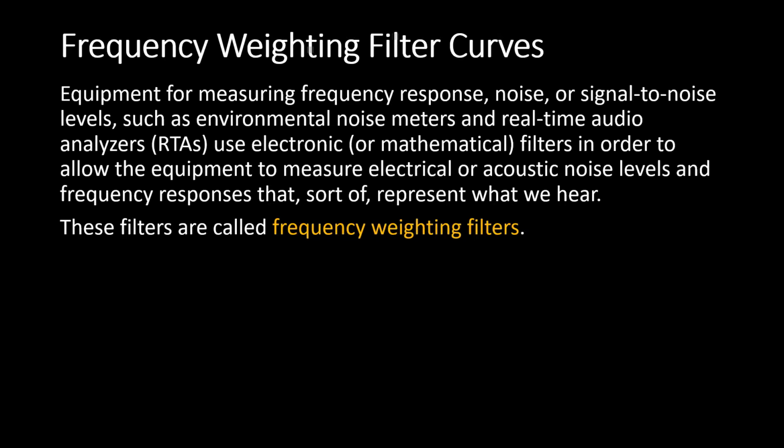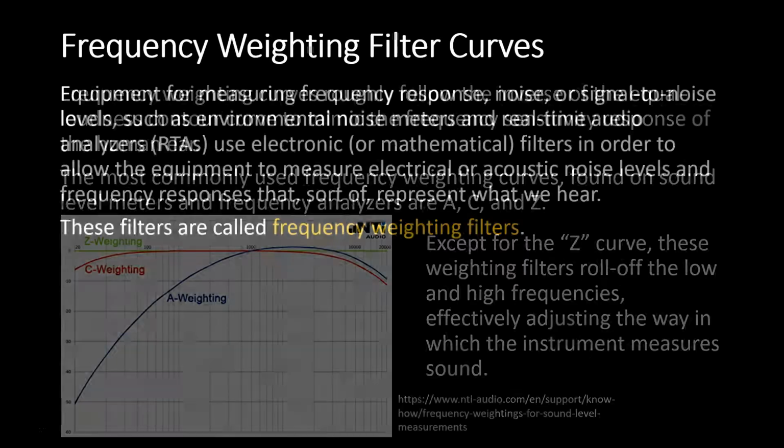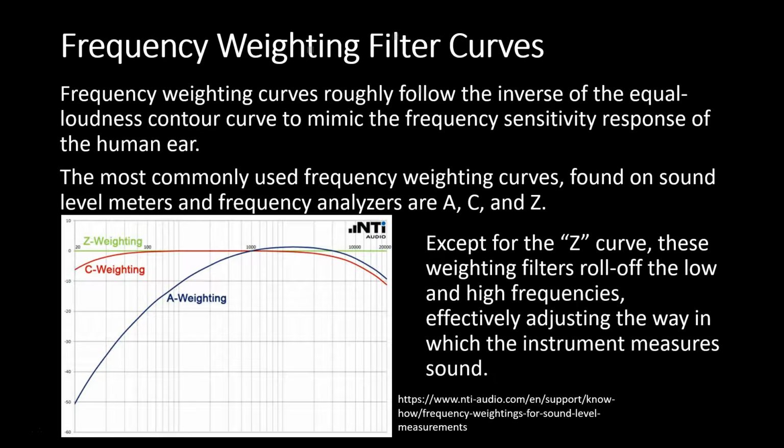And the frequency response is therefore adapted to match not what the microphone hears flat, but what we hear with our ears. And when we talked earlier about the dB/SPL with the A weighting, you can see the A weighting curve there. So basically, we are going to adjust the way these frequency analyzers and sound level meters react to match human hearing.